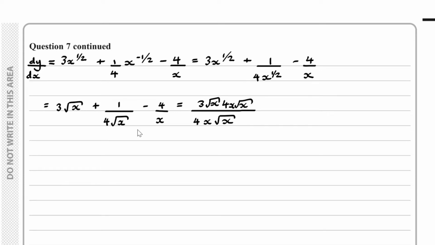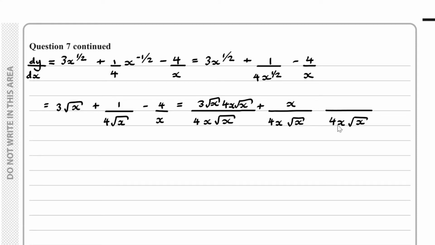And this 1 over 4 root x, well, if we do the same thing again, we want the denominator to say 4x times by the square root of x. And the only way we can get that result here is by having an x at the top. It's as though this x cancels with this x. And then for this 4 over x, well, we want the denominator to say 4x times by the square root of x.